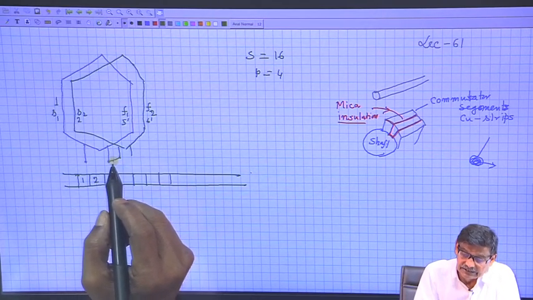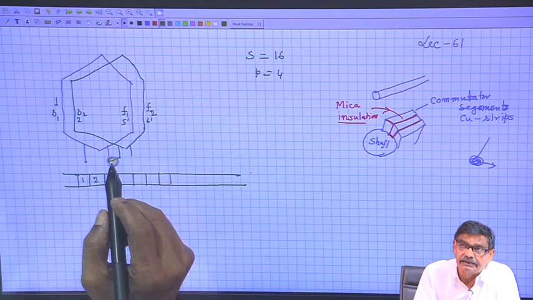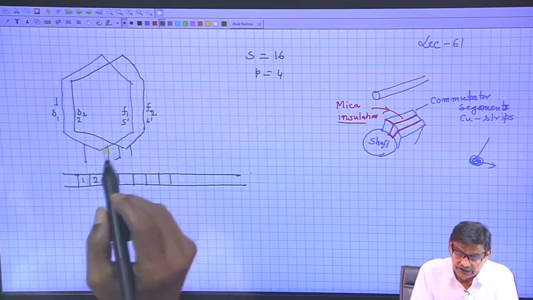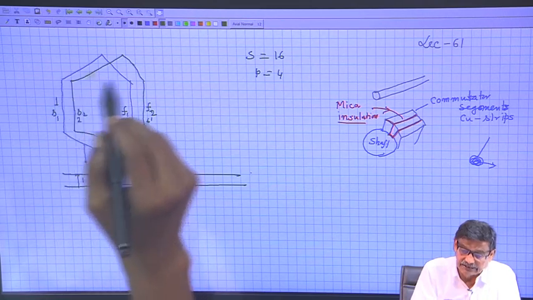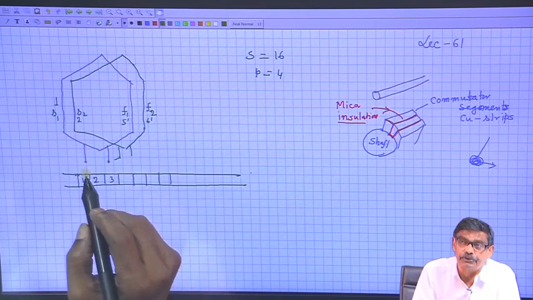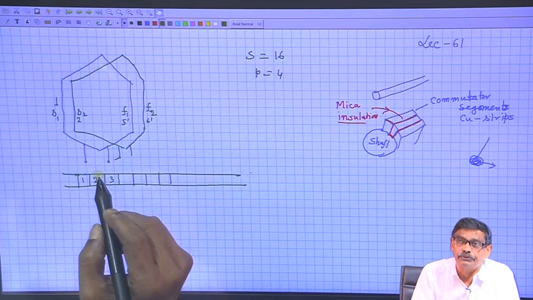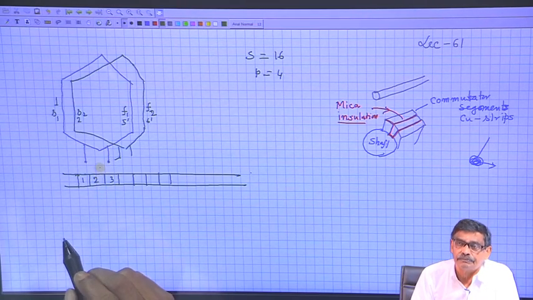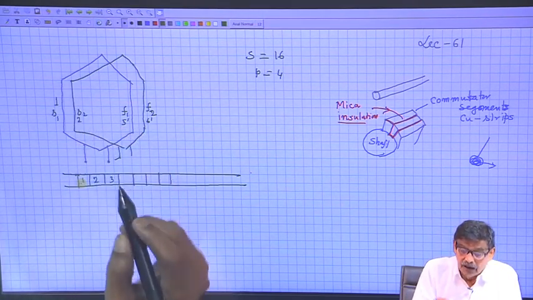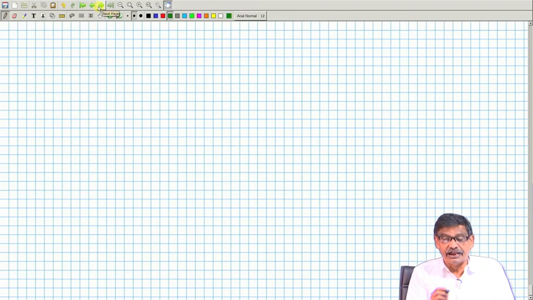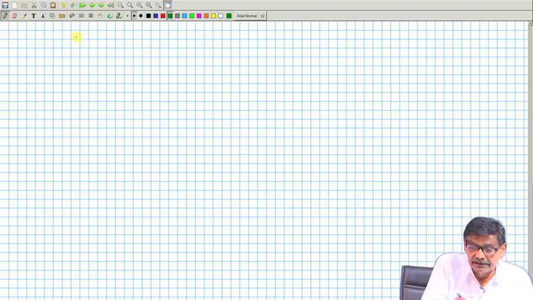This junction, between the first coil and second coil, I will connect to commutator segment 1. Then the next junction I will drop to 2, and so on. Now, I will go straight away to the winding table in its full form.